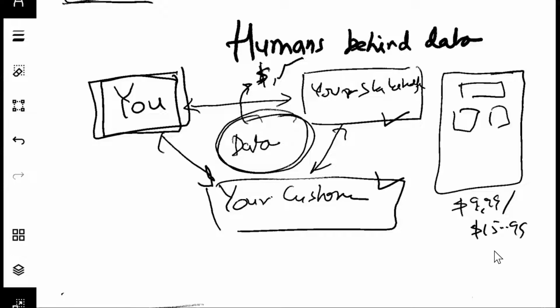So what is your role in converting data into dollars? As you are looking at data, it's not just dot predict and dot fit and dot score. It's more than that. It's you understanding your customers and your stakeholders, so that you can do better feature engineering.